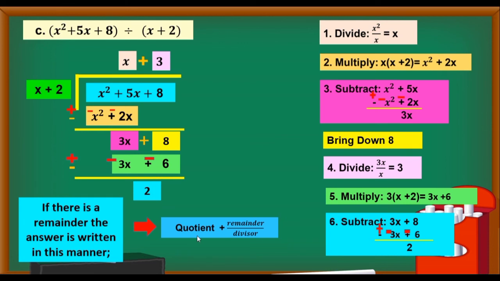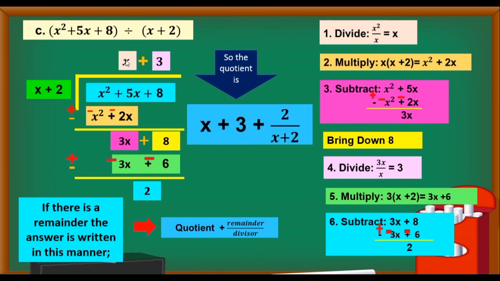So, ang isusulat natin ay yung quotient. Ano po ba yung quotient natin? Yung x plus 3. And then, ipa-plus po natin yung remainder over the divisor. Ano po ba yung remainder? Ang remainder natin ay 2 at ang divisor natin ay x plus 2. So, ganito siya isusulat. Ayan. So, the answer is x plus 3 plus 2 over x plus 2.